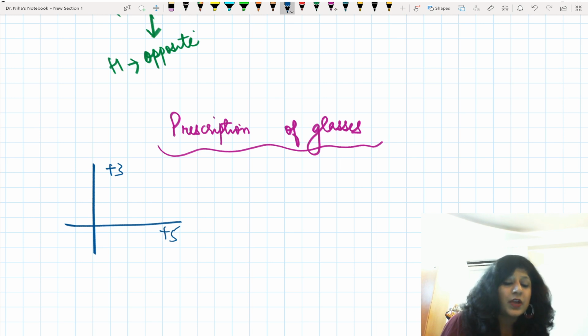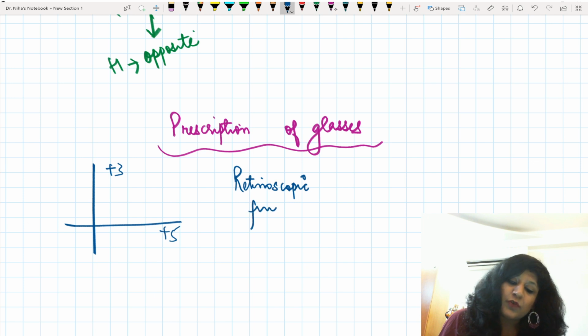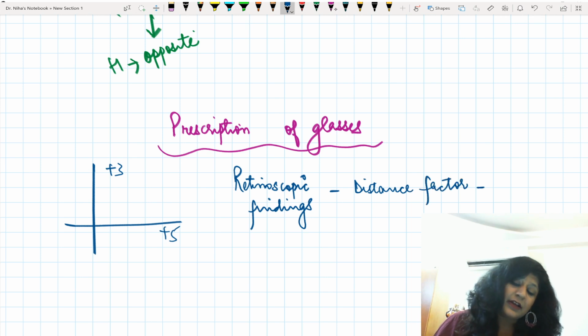Suppose you have got this retinoscopic finding. So whenever we get the retinoscopic findings, you cannot give the glasses directly. From these retinoscopic findings, I have to first deduct the distance factor, right? And I have to deduct the tonus also.